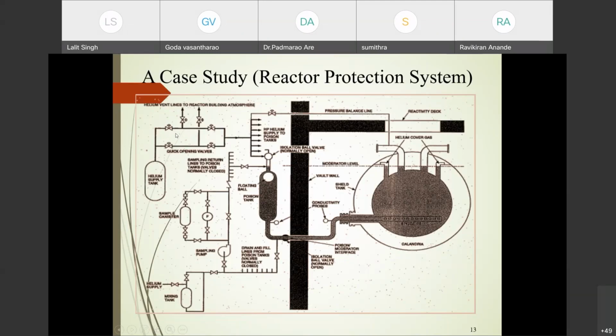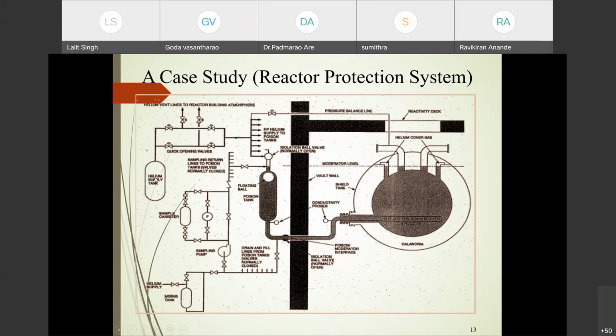But what would be the problem with only one valve? Now suppose the valve is stuck closed, there is some mechanical failure in the valve, and it got stuck closed. Then what would have happened?